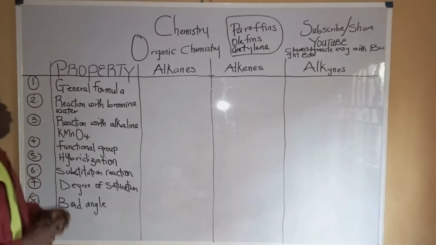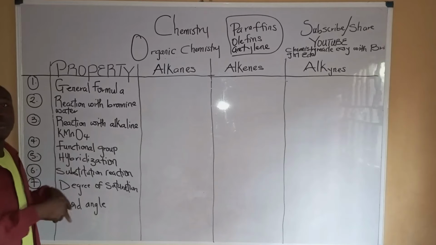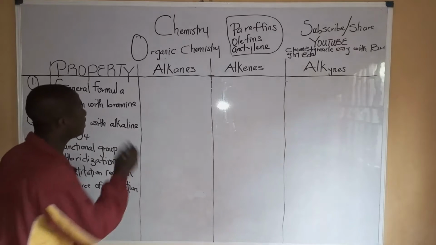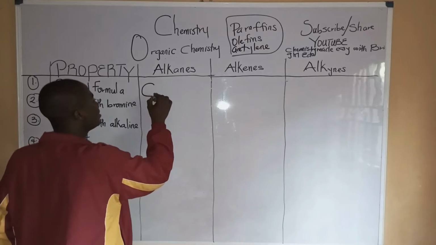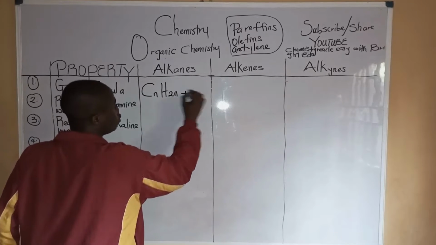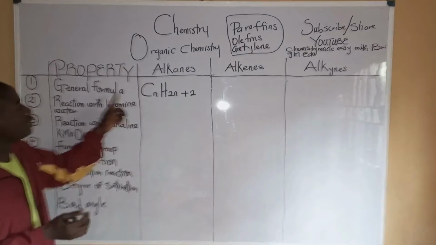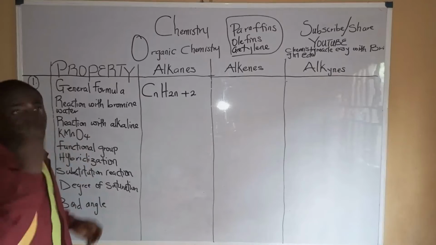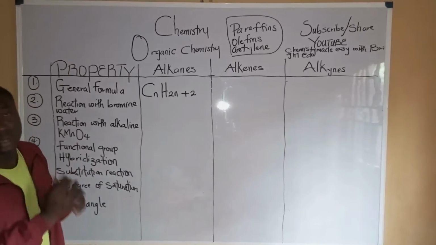Now, what is the general formula for alkanes? The general formula for alkane is CnH2n+2. What is the general formula for alkenes?